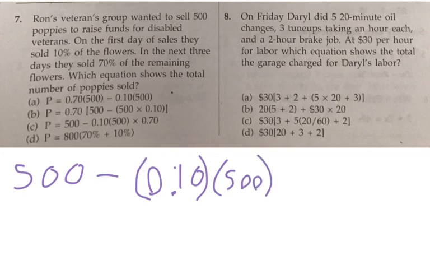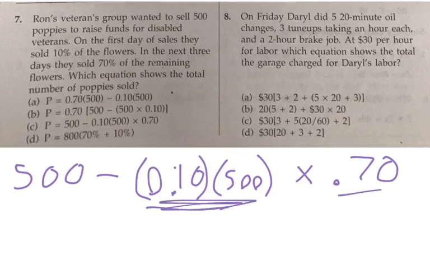In the next 3 days, they sold 70% of the remaining flowers. So what they did, they multiplied that by 0.70. So what they had left here by that 70%. So which of those matches what we wrote? Letter C.